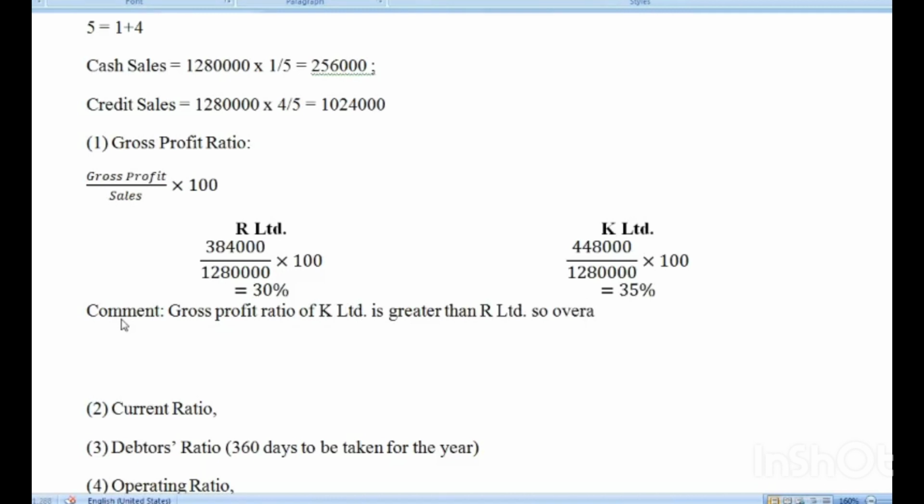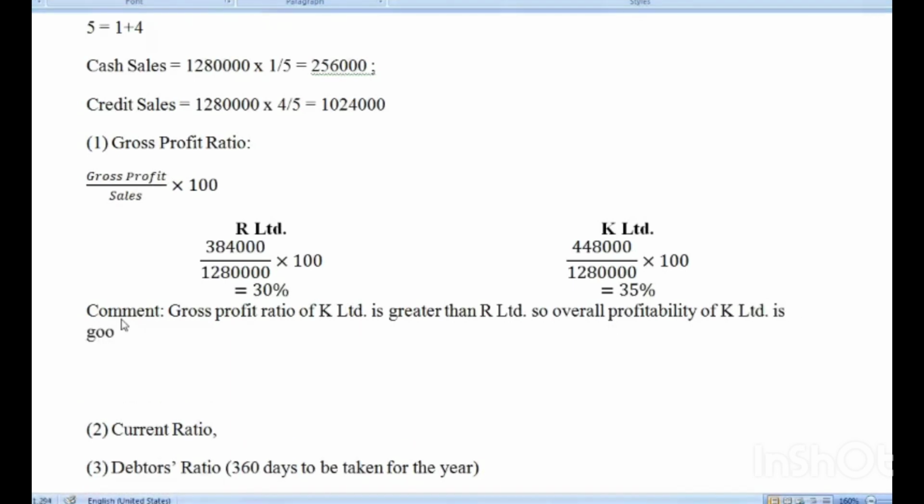So overall profitability of K Limited is good. Overall profitability means overall earning of K Limited is good. K Limited gives more profit as compared to R Limited. We can't say that R Limited is not doing well.